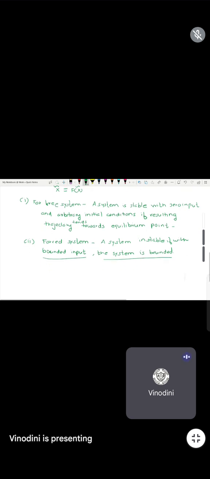The two notions are very important. If it is a forced system, then the system is stable with bounded input and bounded output. Otherwise it is difficult. If the input is bounded and the output is not bounded, it becomes unstable. So both should be BIBO, bounded input, bounded output. Then the forced system becomes stable.